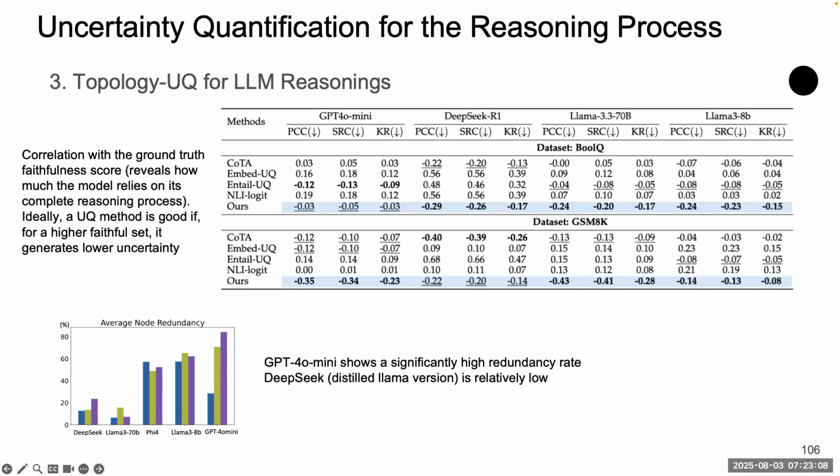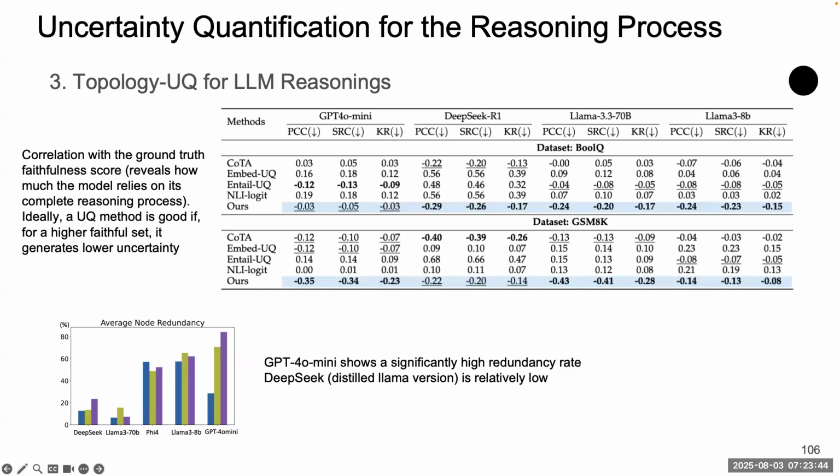The baselines they include are just chain of thought treated as a graph, the paragraph, and comparing their embedding distances, comparing their entailment similarity distances, or using the NLI model's logits to calculate the distances as the uncertainty. And then this is their method, using the similarity matrix to get the graph edit distance.